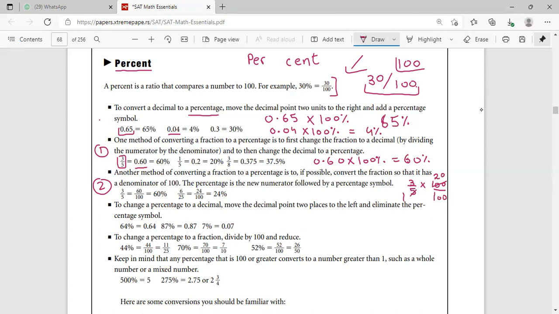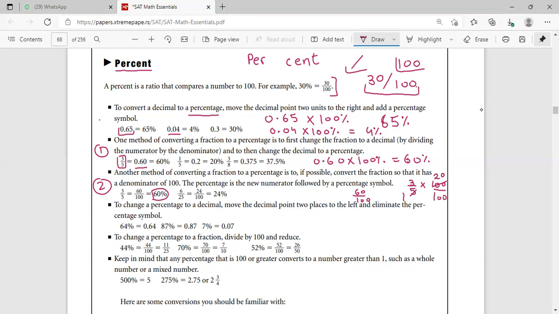So we will have 60 by 100. And this 60 by 100 is basically 60%. So this is how we do it. Do you understand the two ways of converting a fraction into percentage?